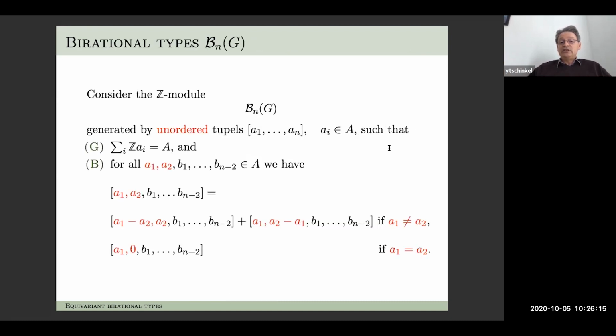So consider the Z module, let's call it Bn of G. This is generated by unordered n tuples of characters of our group G with the following two properties.